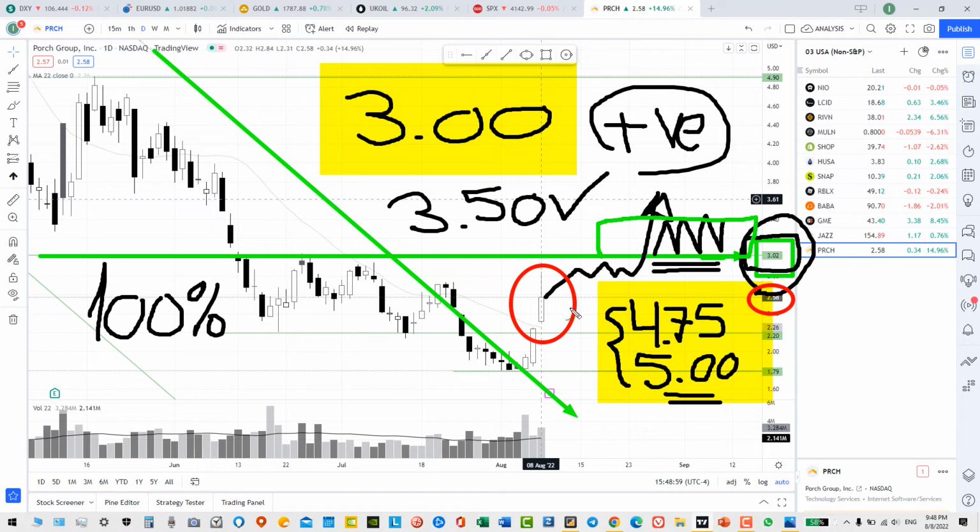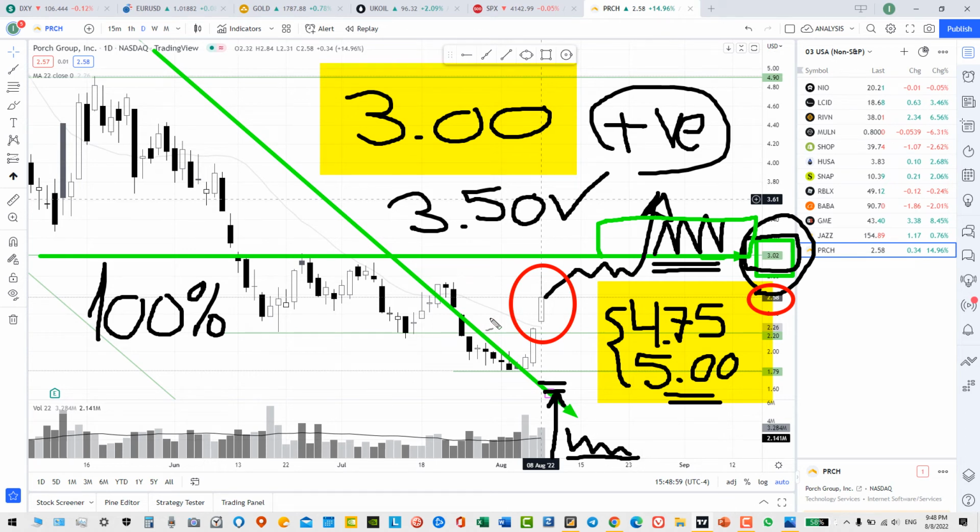You should wait for the signal to be confirmed, and the confirmation and validation require a decisive break above the $3 mark with at least 2 days confirmation. This break should be on relatively high exceptional volume, and the confirmation days should be on relatively decreasing volume.